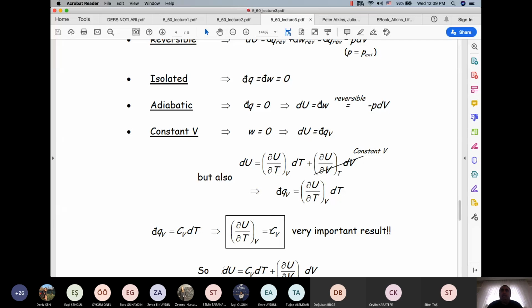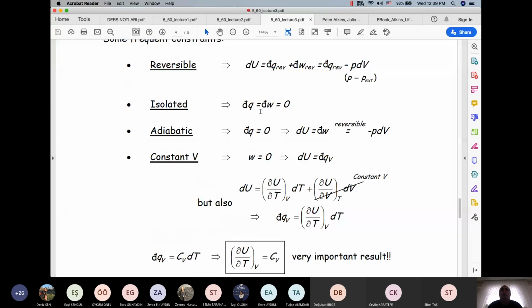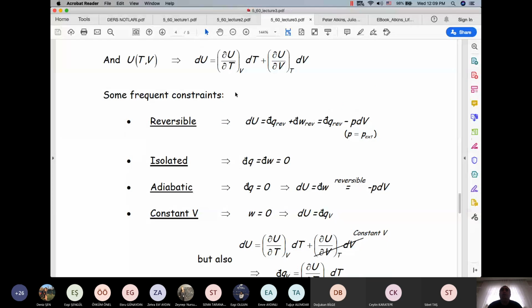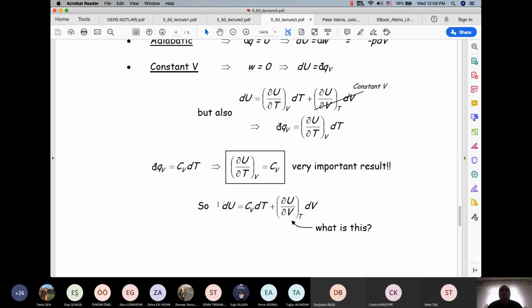So we can plug this into our initial equation over here. If I know this is C_V, now I can put in the rest and try to understand what the rest of them are.